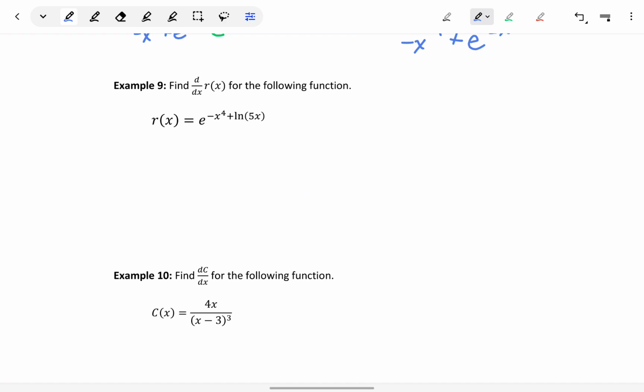In example 9, we have a composite function again. So to find d over dx of r of x, we'll get e to the negative x to the fourth plus the natural log of 5x times the derivative of that interior function.